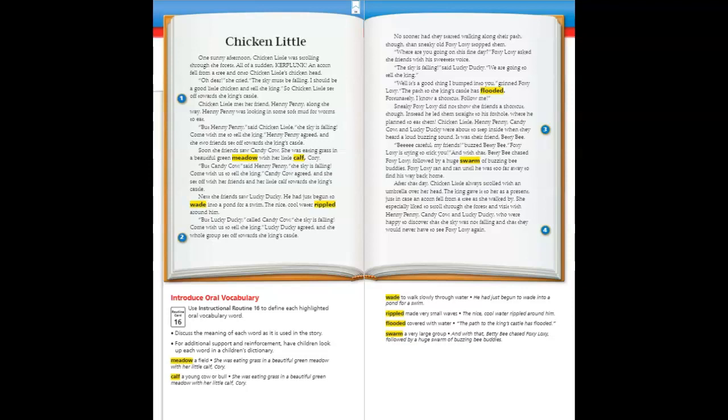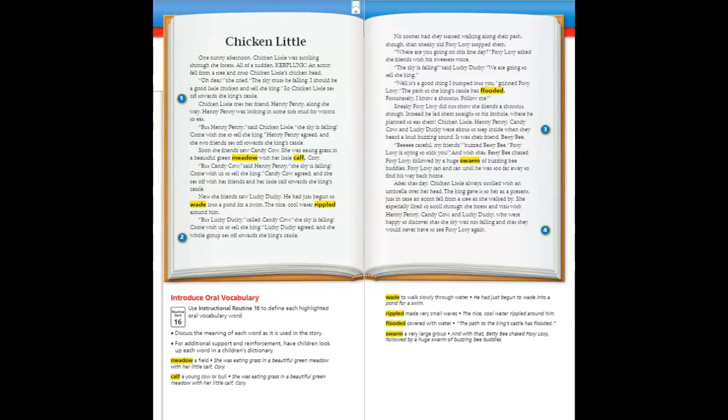Chicken Little met her friend Henny Penny along the way. Henny Penny was looking in some soft mud for worms to eat. "But Henny Penny," said Chicken Little, "the sky is falling. Come with me to tell the king." Henny Penny agreed, and the two friends set off towards the king's castle.